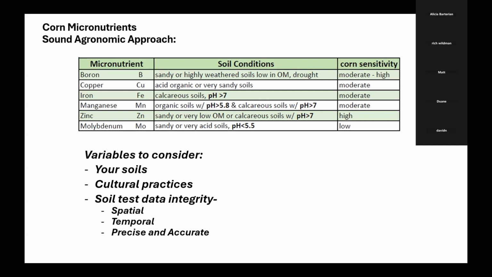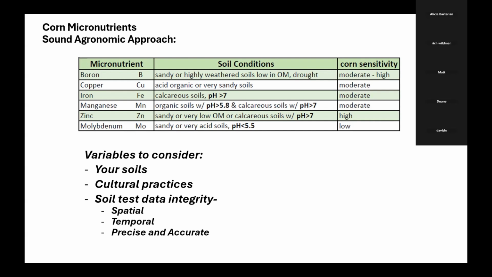Back to that nutrient mobility. Copper: you have higher organic matter ground that is very acidic or very sandy, and you could expect to see a moderate response to something like copper. Iron: calcareous soils with a real high pH.